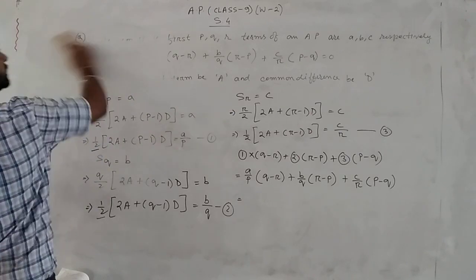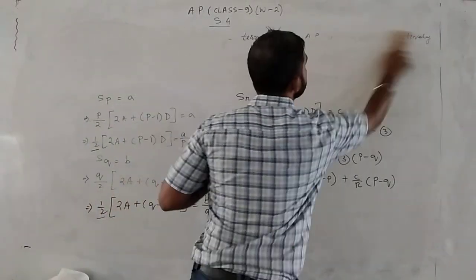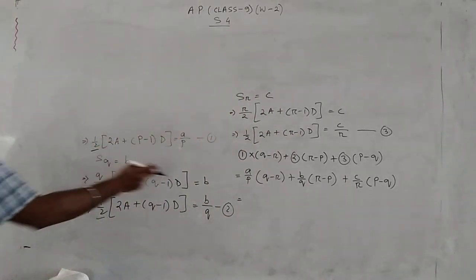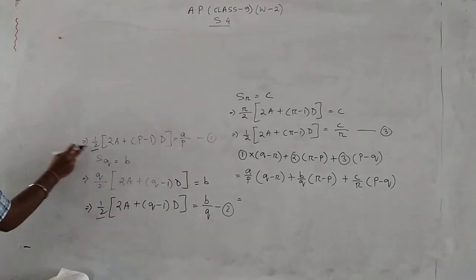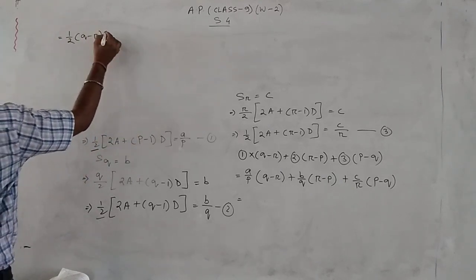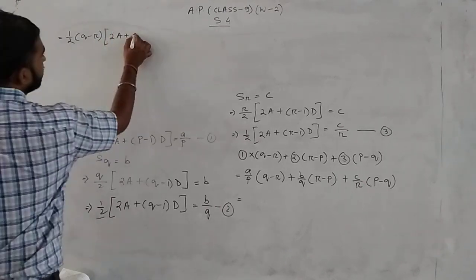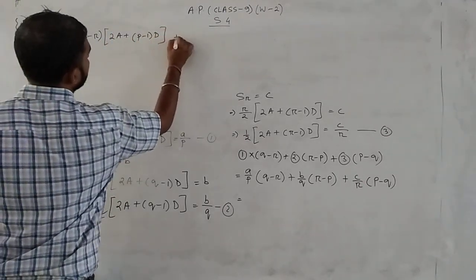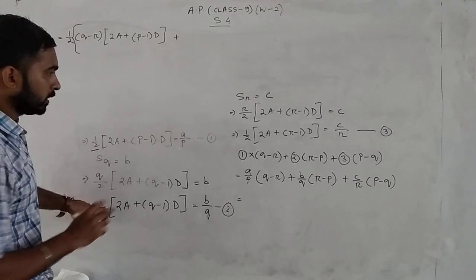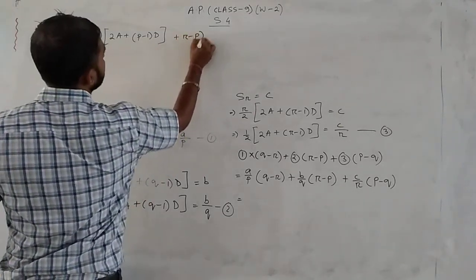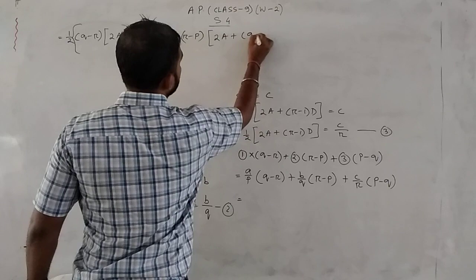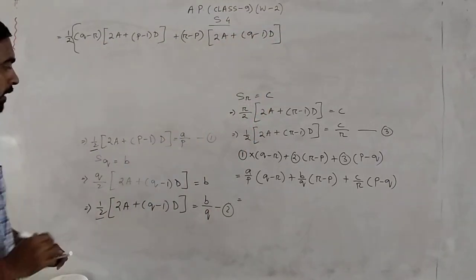So half, Q minus R into twice A plus P minus 1 D, plus half common here, equation 2 multiplied by R minus P, R minus P into twice A plus Q minus 1 D. Be careful.